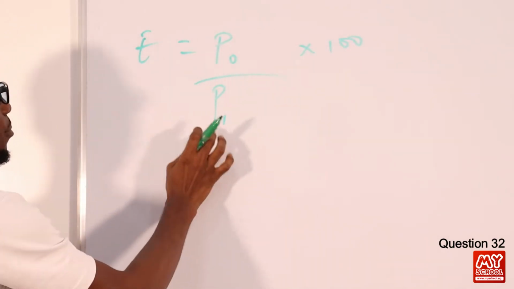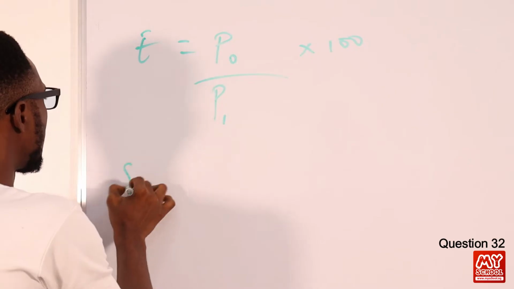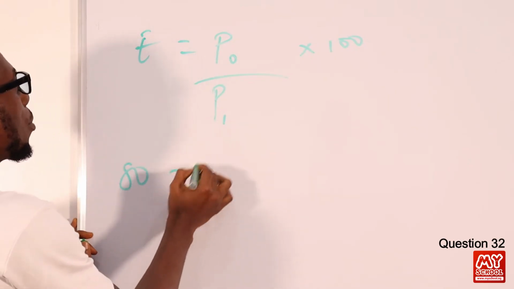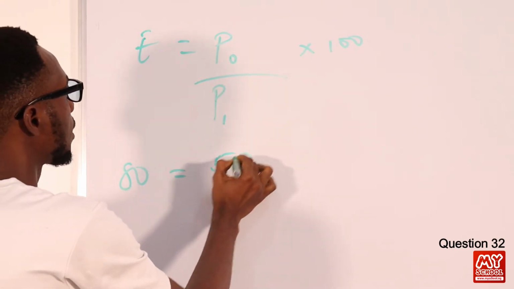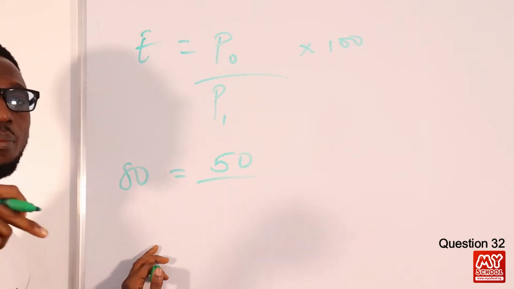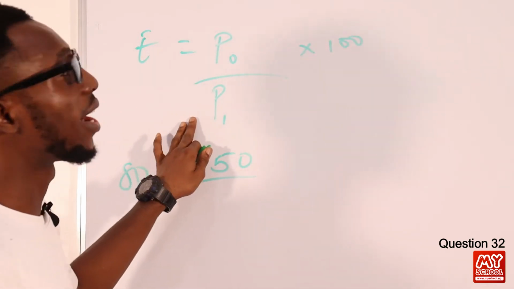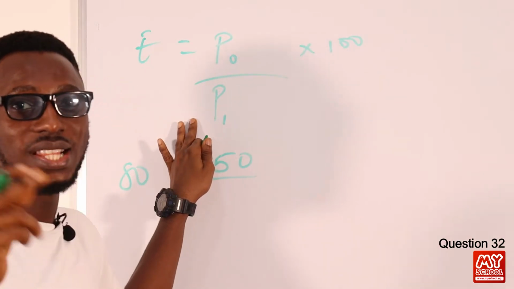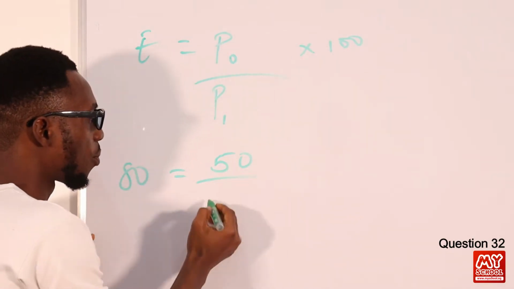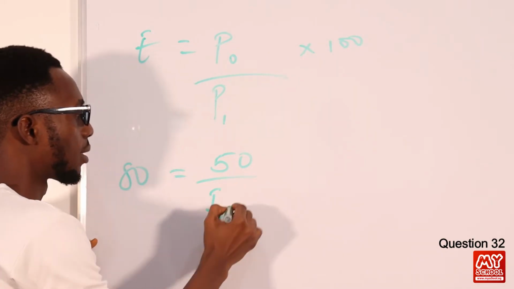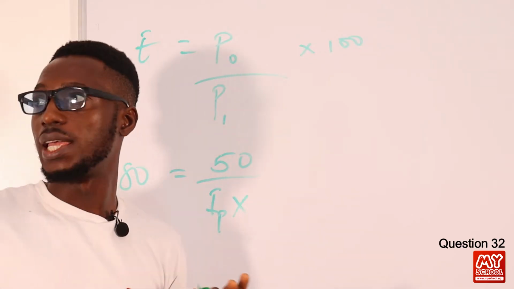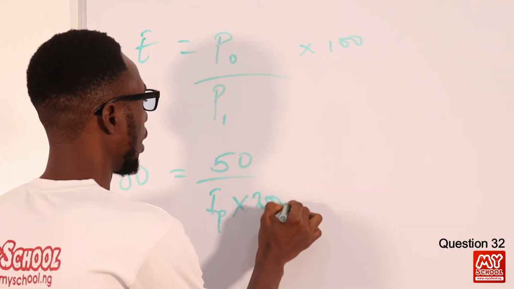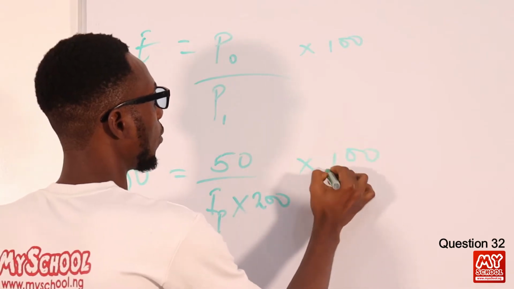So we have our efficiency as 80 equals power output, given as 50. We are looking for the primary current, and remember that power equals IV, current times voltage. So I is what we are looking for, primary current, times the V, which we are given as 200, times 100 over 1.